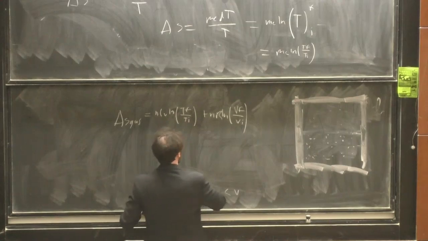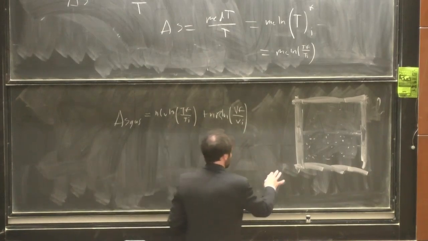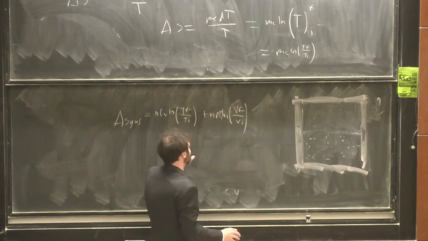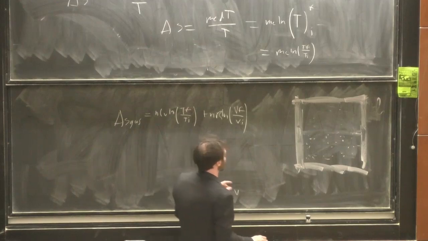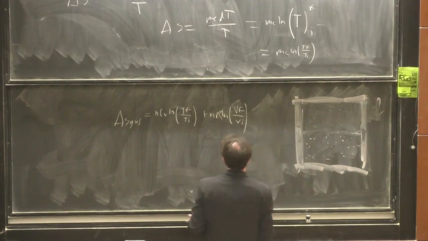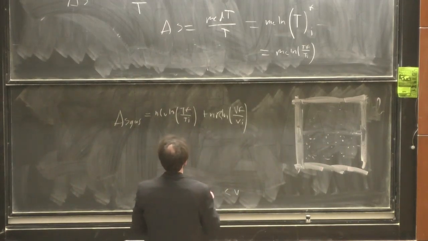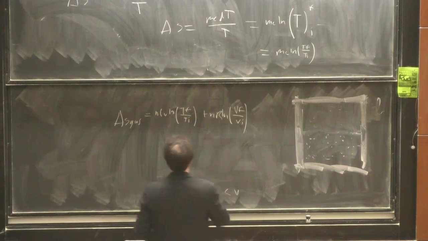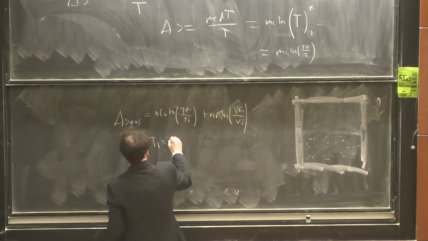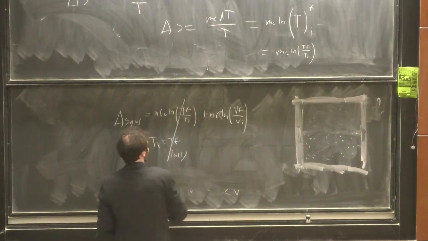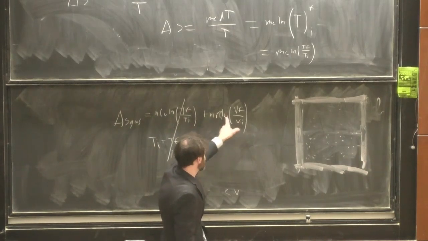If we input heat into the system, we can keep the temperature constant, because typically the temperature would decrease if we didn't do anything else. So depending upon how we do it, if we input heat and keep the temperature constant, if T initial equals T final, then this is ln of 1, that term goes away, and we're just left with this expression.